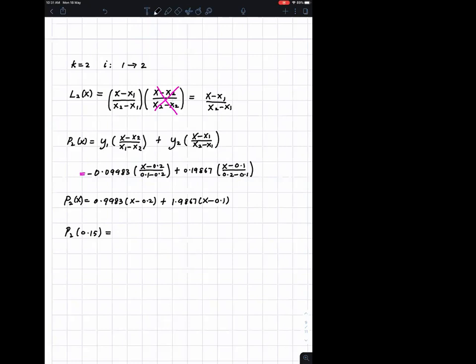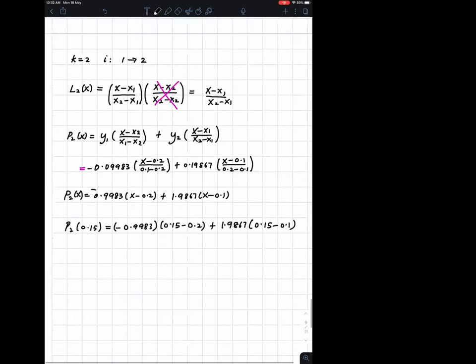So 0.9983 when x is 0.15: (0.15 minus 0.2) plus 1.9867 (0.15 minus 0.1).